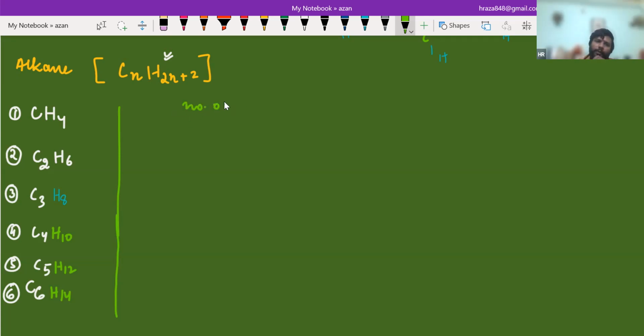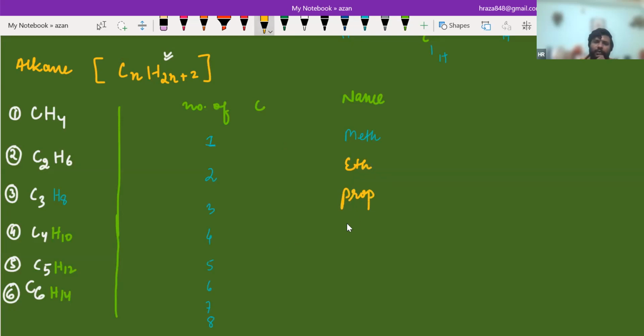So the number of carbon I'm going to write here, and its name. Whenever the number of carbon is 1, in organic chemistry we say meth. When the number of carbon is 2, that means eth. 3 means prop.